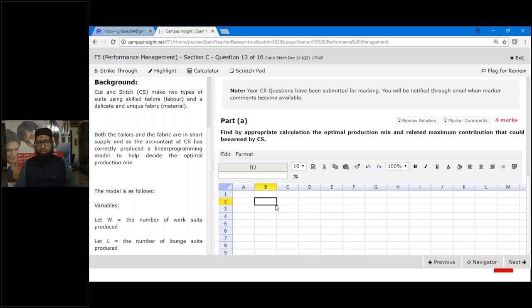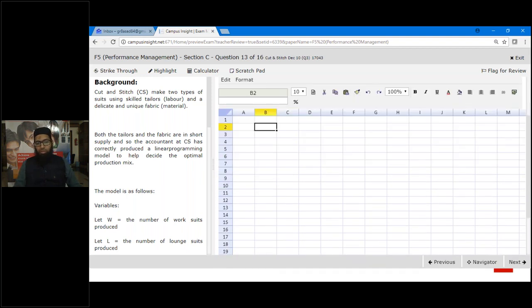As you can see, it is a section C type question, so we have been provided with the spreadsheet. I will be doing it in the spreadsheet format for you. We will have more section C type questions in the coming days, so you will be seeing how to perform your question in spreadsheet and Word from tomorrow.